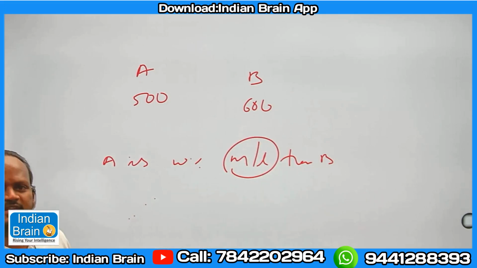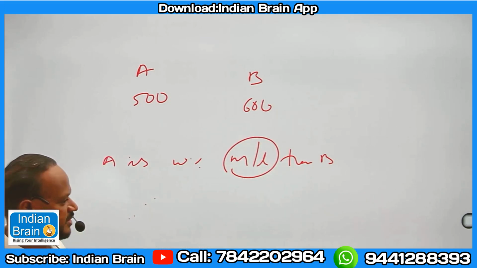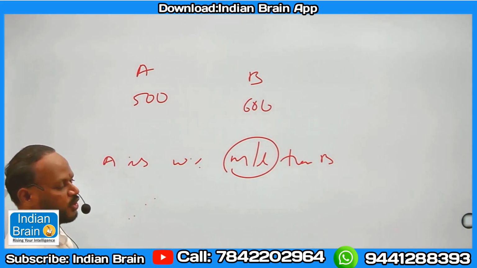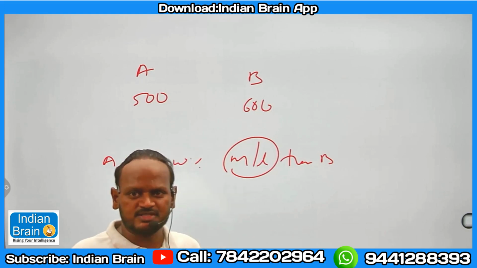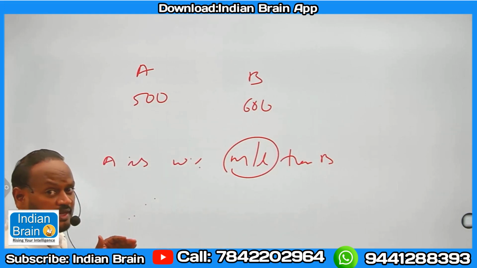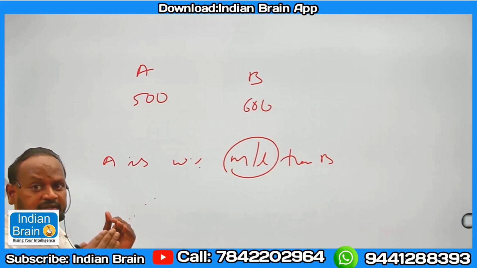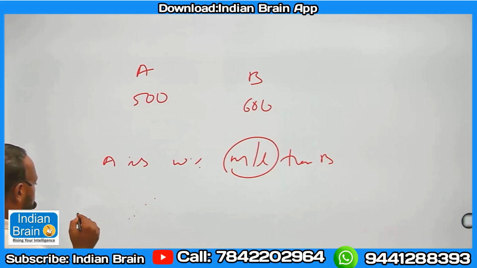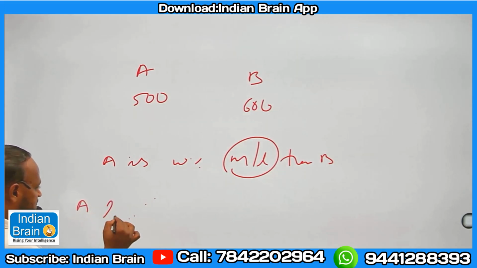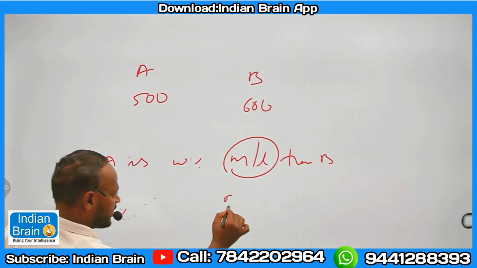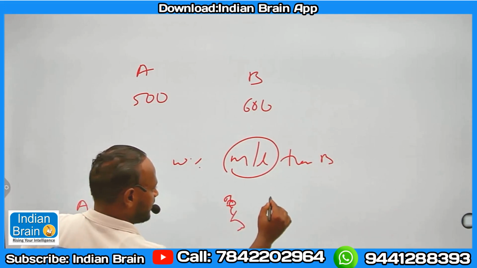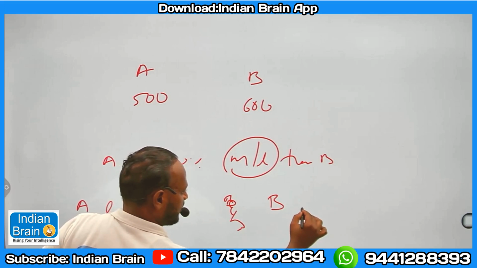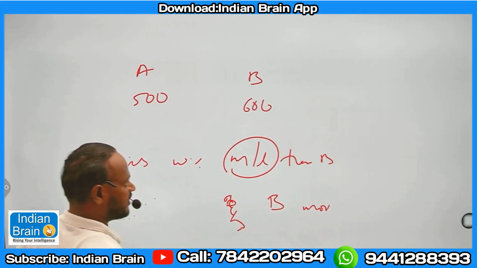So whenever we have more or less than words, what do we need to do? Simple. Here A has 500 rupees, B has 600 rupees. Who has more amount? B has more amount, right? So to compare A with B, logically A has the lesser value, right? That's why for A, it can be less percentage. For B, it can be more percentage.